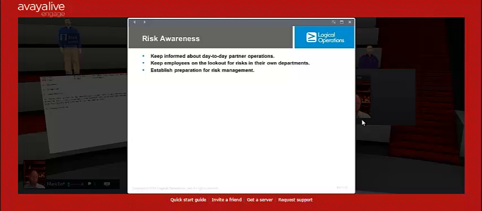Employees within their own departments need to be on the lookout for risk-based conditions that affect what they do. And that's part of the ongoing security training and awareness programs. And again, risk management is pretty much an all-hands operation. Everybody needs to have some knowledge and understanding of what to do in the event of your risk profile changing, increased threat possibility, or new vulnerabilities that maybe you've discovered.